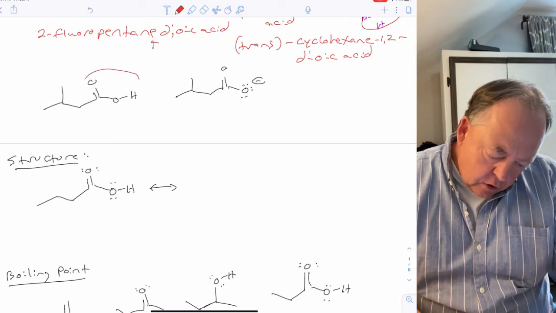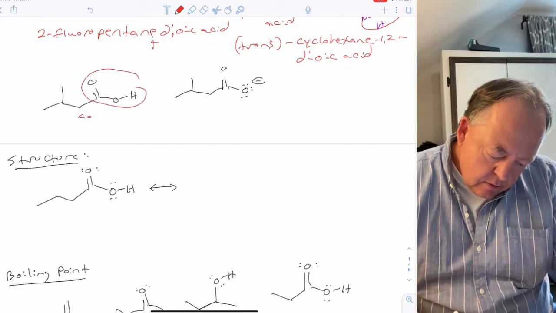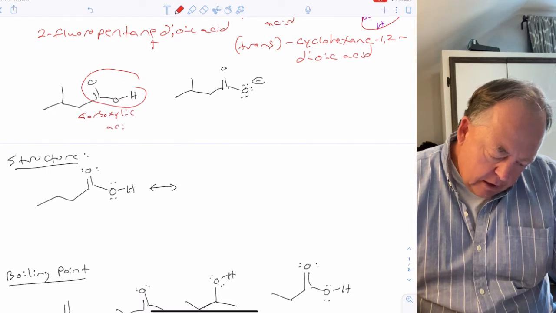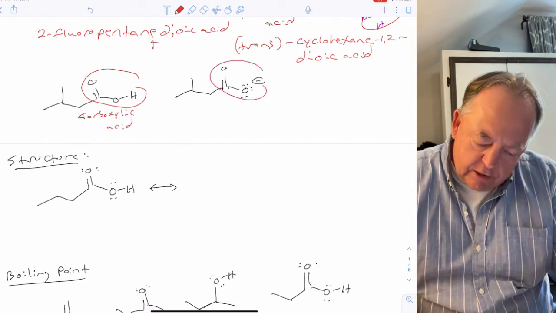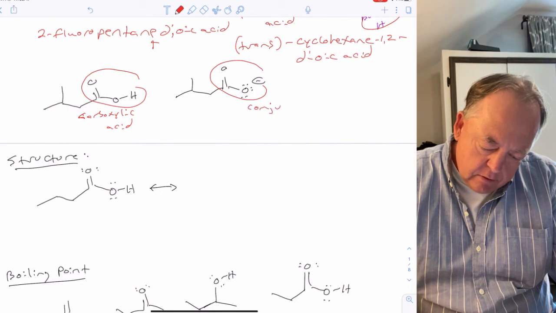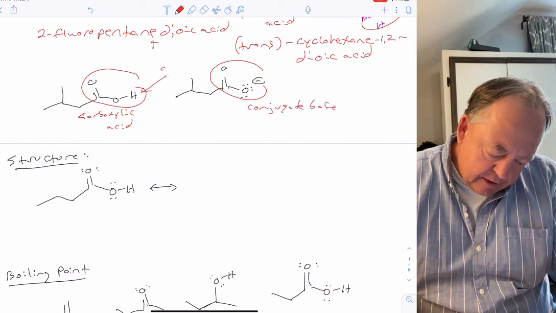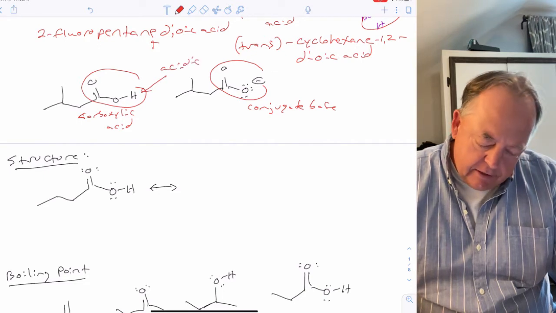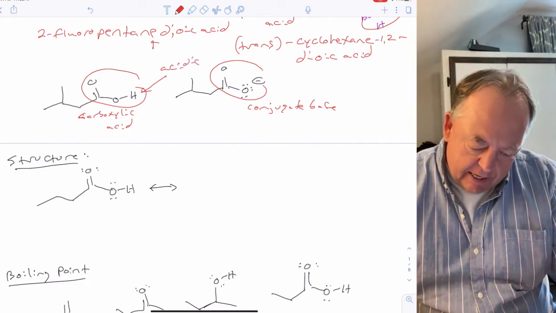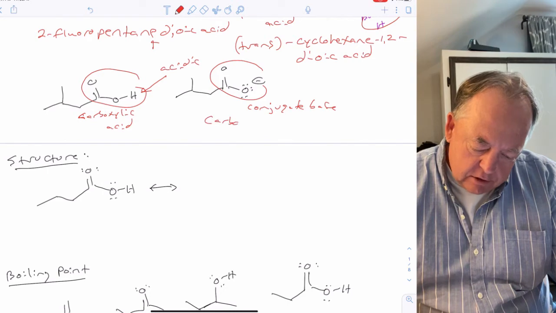Okay, so this is a carboxylic acid. And if you remove the proton from it, this would be its conjugate base, because as we'll see, that hydrogen is very acidic. If you take off the hydrogen from a carboxylic acid, then you make what's called a carboxylate.